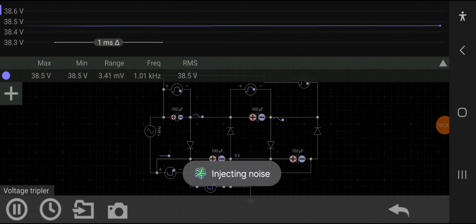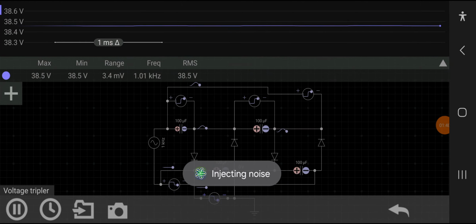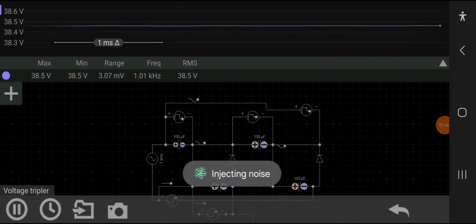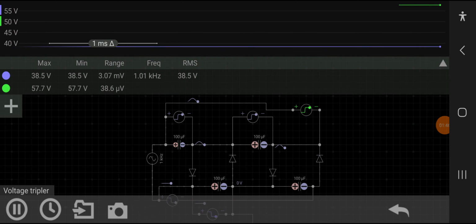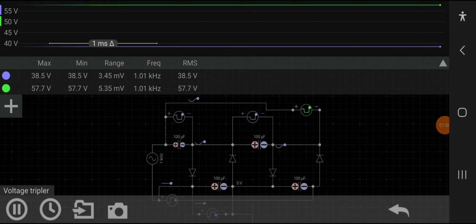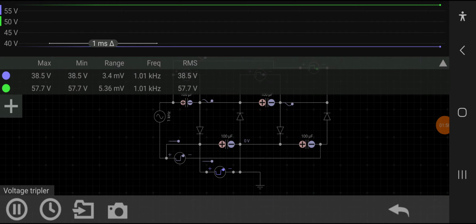Now for 3 times we consider capacitor C1 and C3. Capacitor C1 and C3 will give us an output voltage of 57.7 volt, which is almost 3 times the input voltage.